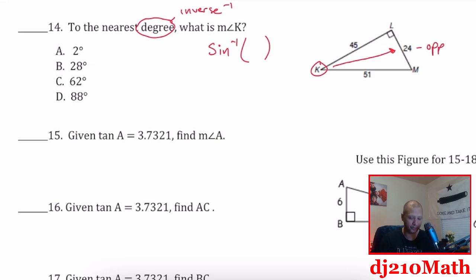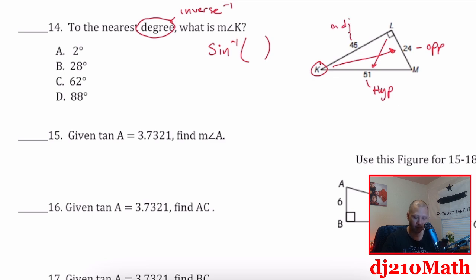Technically, if we would have labeled all the sides first, then we can choose whichever one. So don't be the rookie that labels these incorrectly, right? Because the triangle's upside down right now, the hypotenuse is actually down here, because it's across from the right angle, and this would be the adjacent.